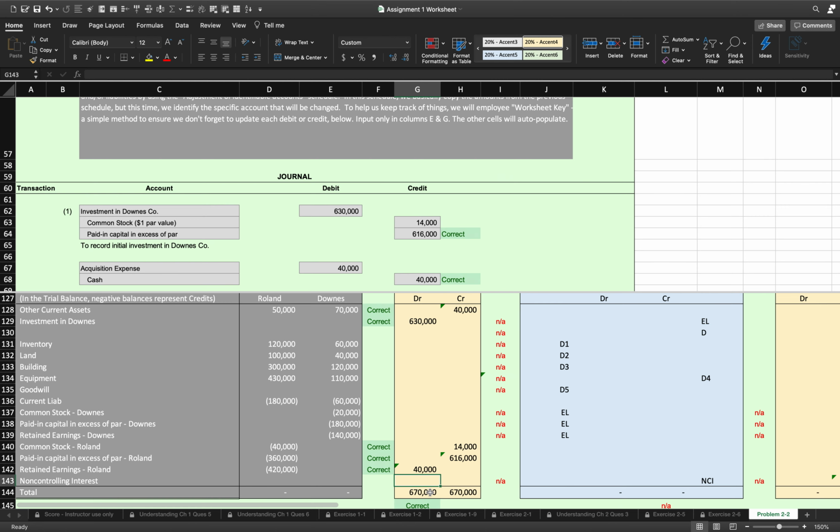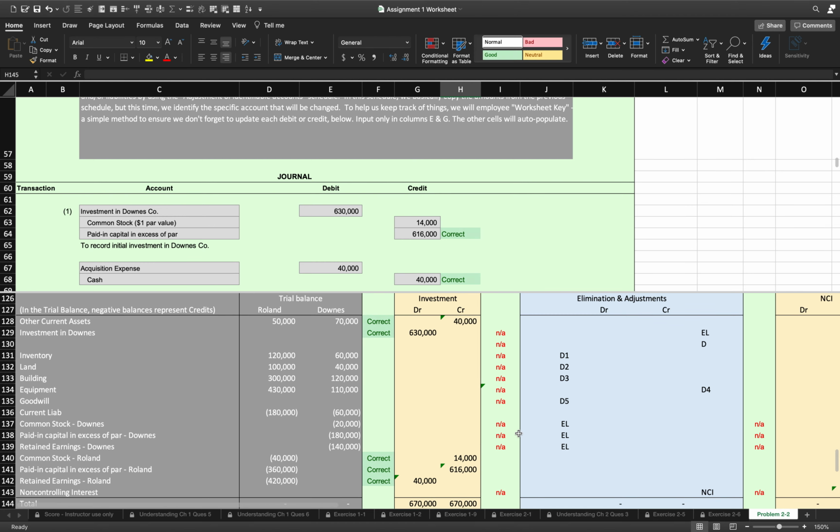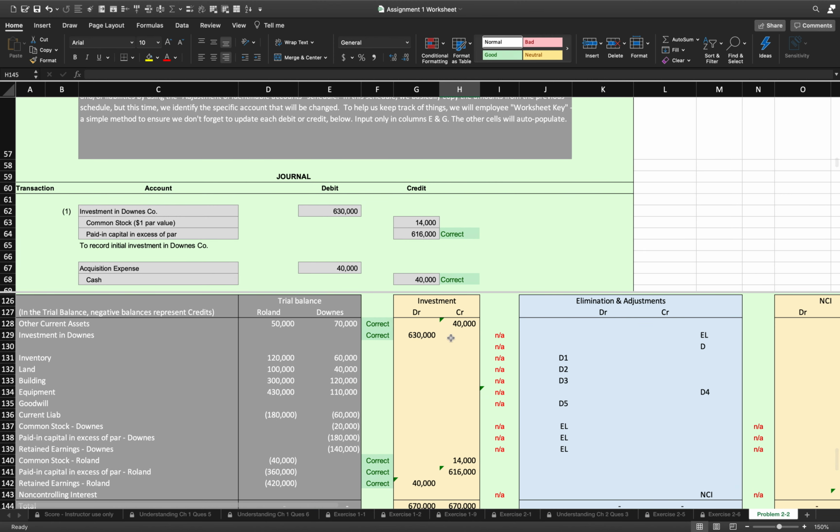All right, so that foots for us. And again, we can double click on these formulas to ensure that everything is where it needs to be. That is perfect. Let's move on. All right, so we've recorded the investment, or we are pretending to record the investment for consolidation purposes.